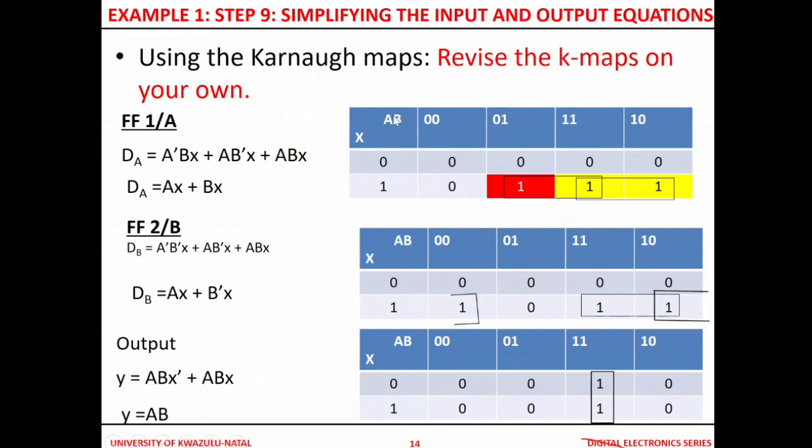So you have A, B, X for flip-flop A there. You put your Karnaugh maps, min terms, max terms, and you will get that. Somebody got A or BX already. Then you've got your DB is that, and then your Y is given by that.